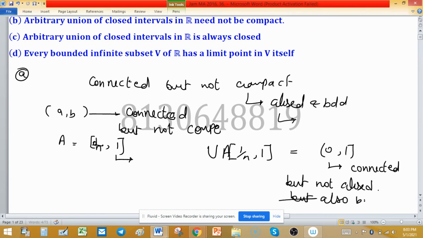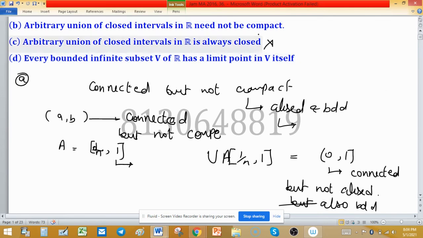So statement C becomes false here, and option B holds: it need not be compact. Here it is not compact because it is not closed. It is not necessary that it is compact, so it need not be compact.